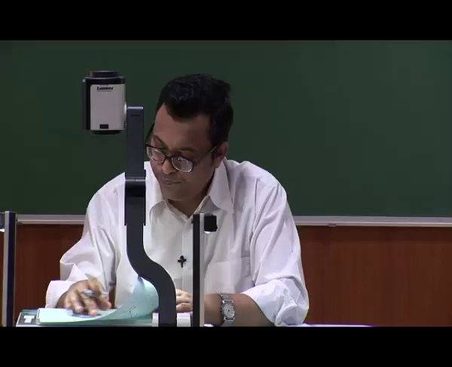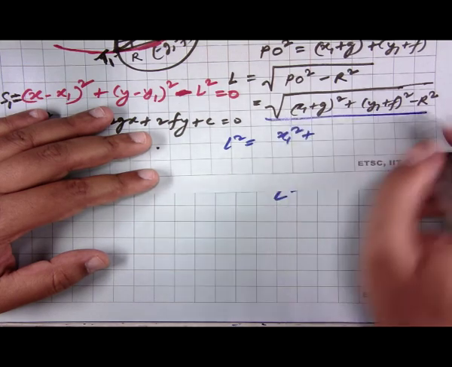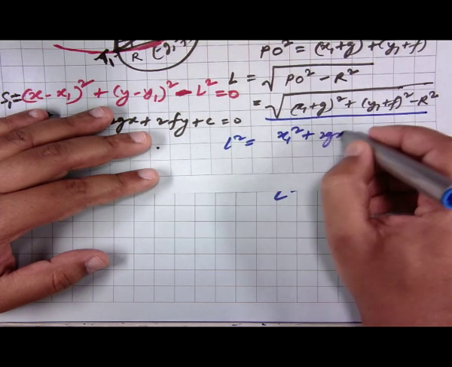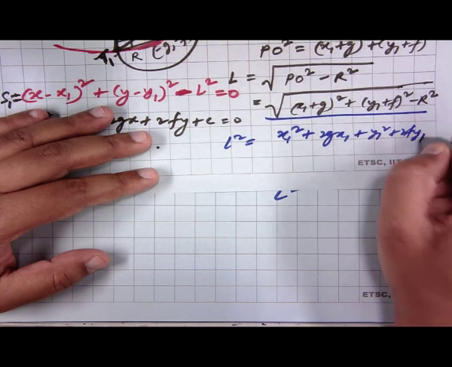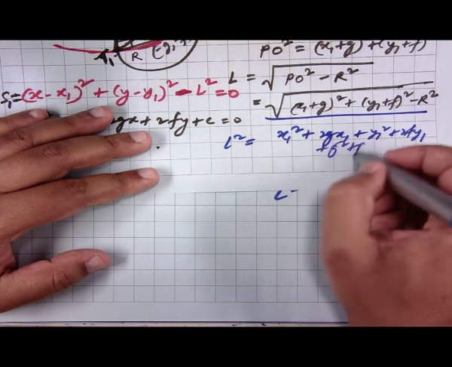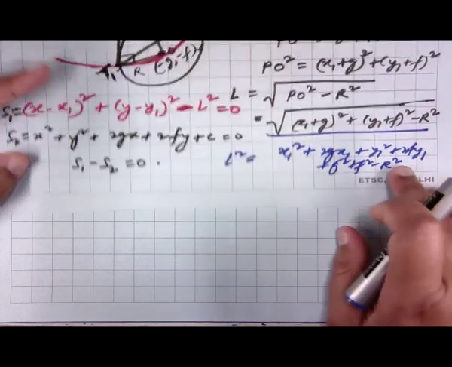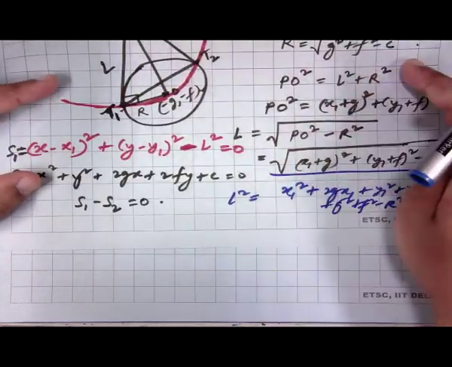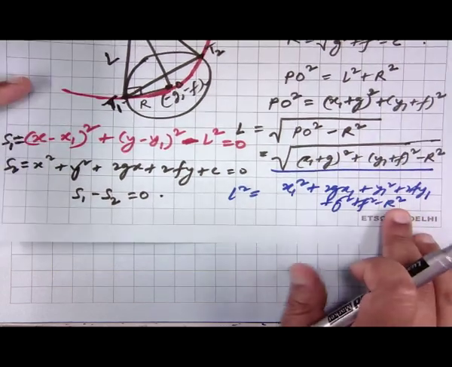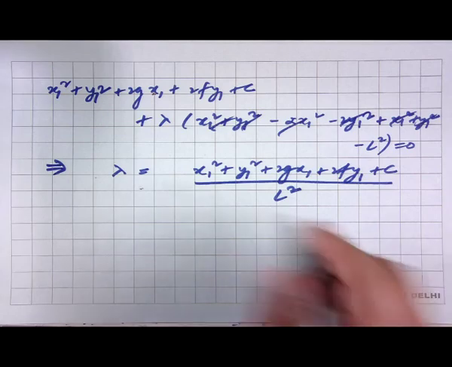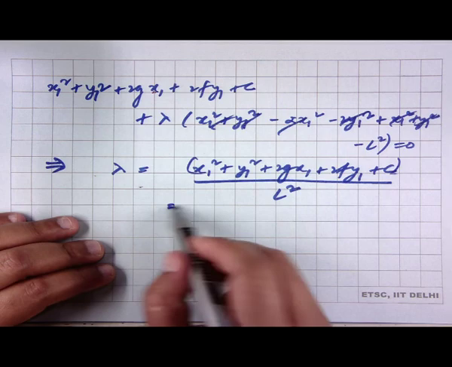In fact, L square is, we use this formula, and r square is the square of this. If we use that here, what we will see is that this numerator is L square, and therefore, lambda equal to 1.